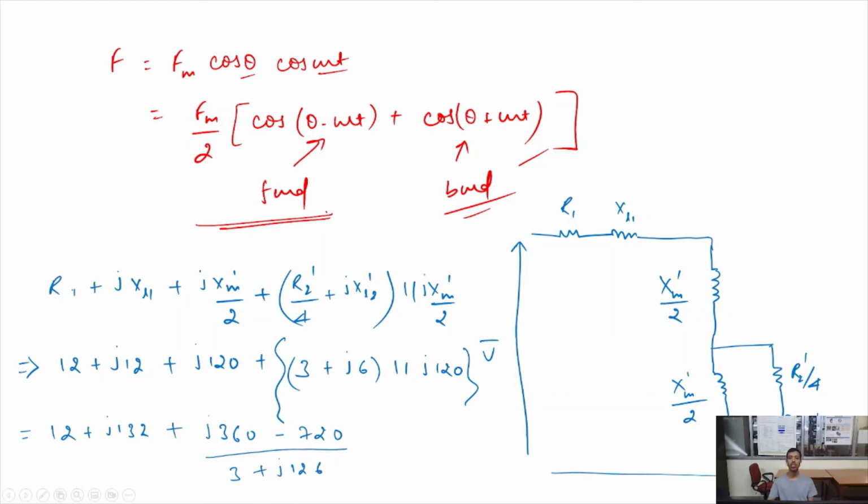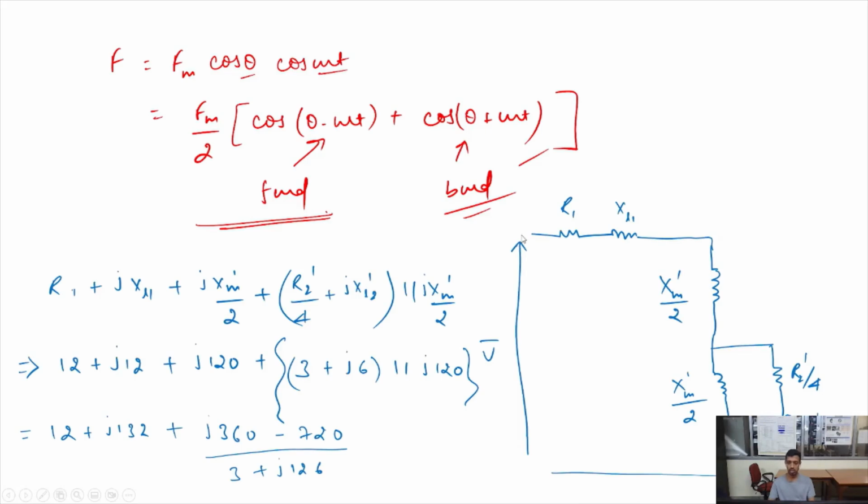If you solve it further, you will get the answer, that would be 14.719 plus 137.779j. And we just need power factor.